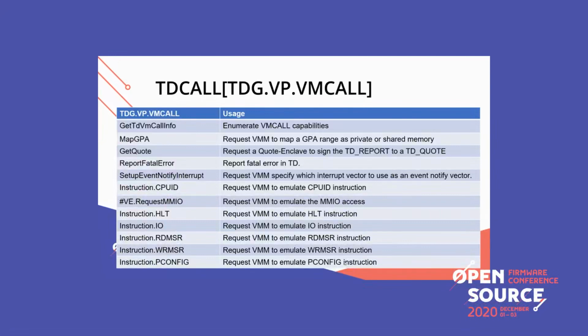The TD quote is for remote attestation. There are a set of instruction-related VMCALLs, such as CPUID, HLT, IO, read MSR, write MSR. They are to request the VMM to emulate the instruction. Last, the #VE request MMIO is to request the VMM to emulate the MMIO access.